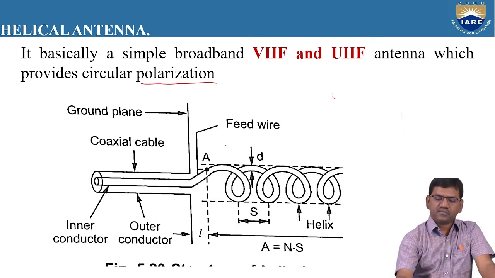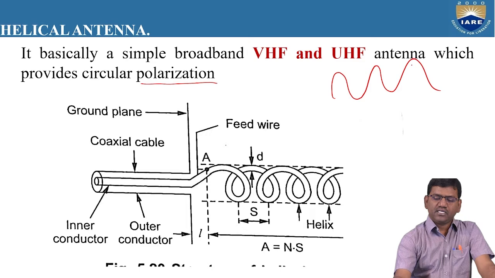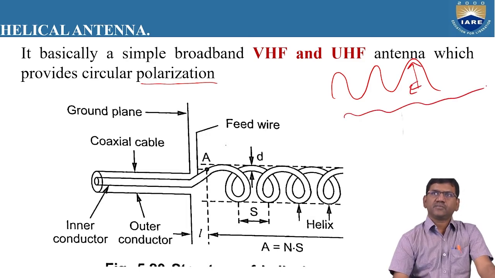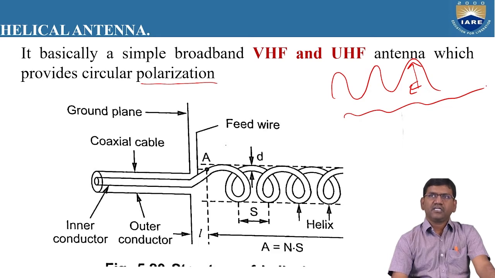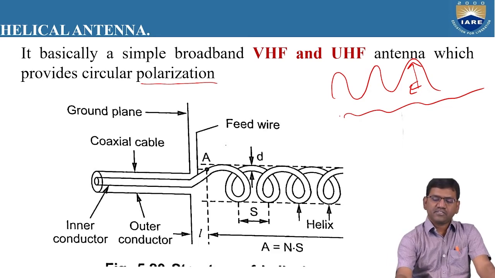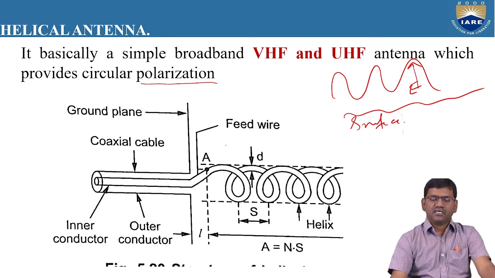You can observe here that the electric field is perpendicular to the surface of the earth, hence we call it vertical polarization. Or we can simply say the antenna is vertically polarized.